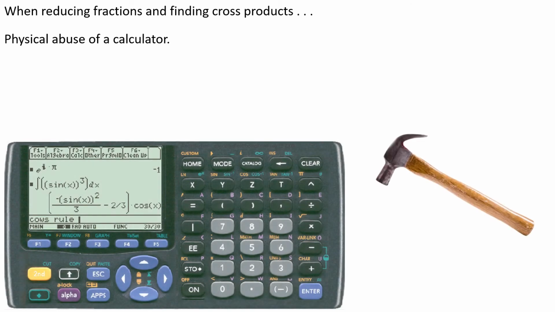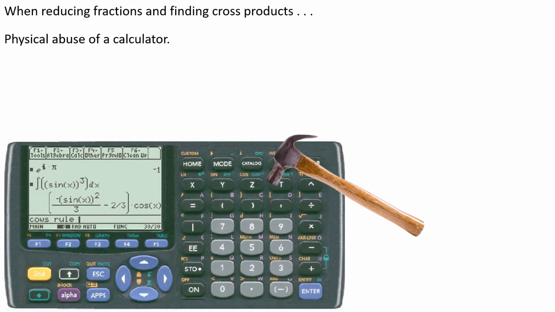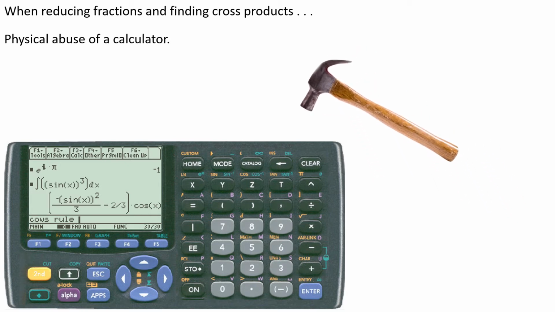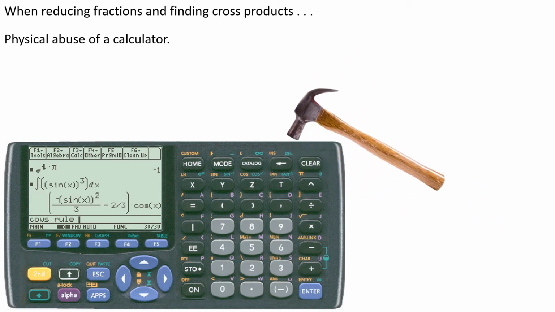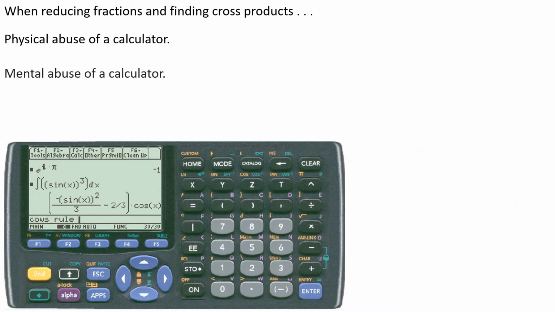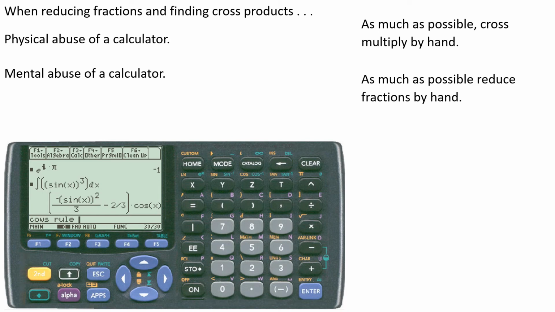Okay, physical abuse of a calculator. You take a hammer to it and you sledge away on it. We do not want to physically abuse a calculator. What would be mental abuse of a calculator? Well, if I want you to reduce a fraction, let's do it by hand.